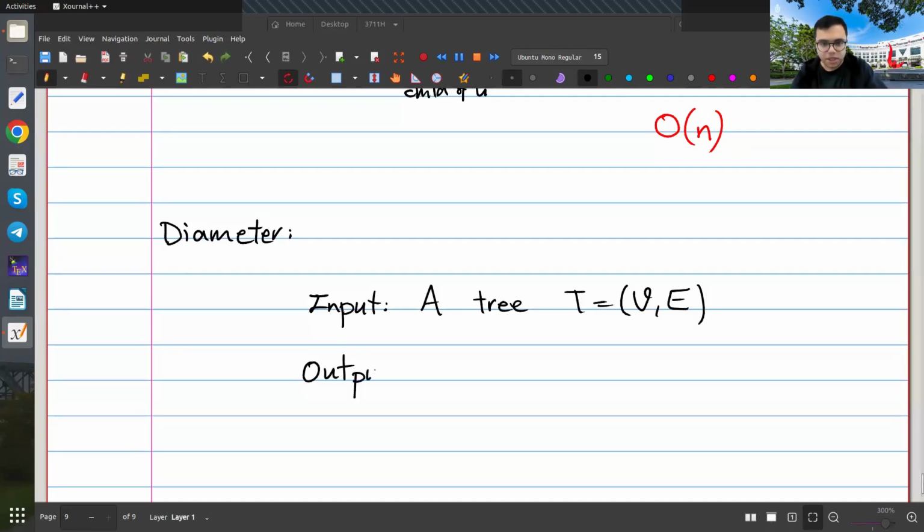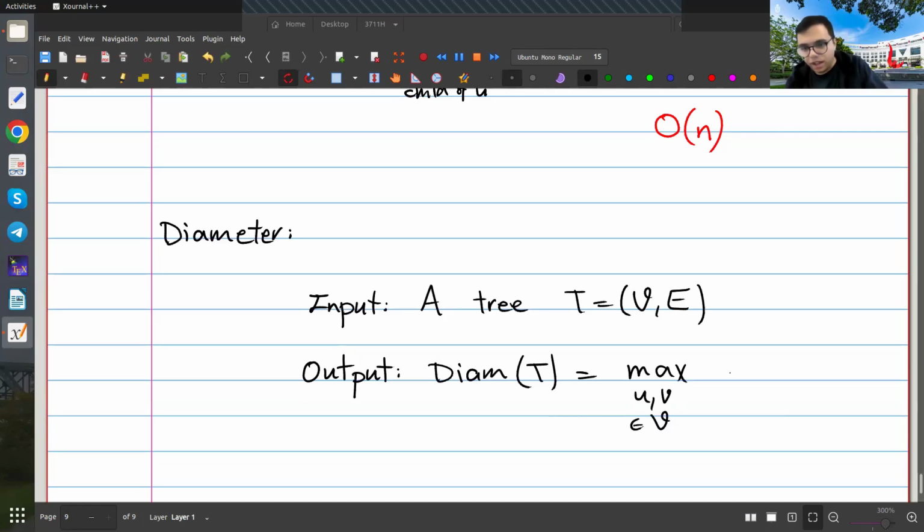Okay. My output is the diameter of T, which is basically the maximum over all vertices u, v of the distance from u to v. And I'm assuming that all of my edges have weight 1. So the distance is just the number of edges.